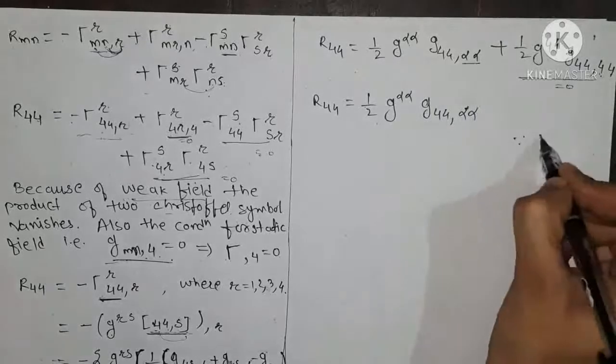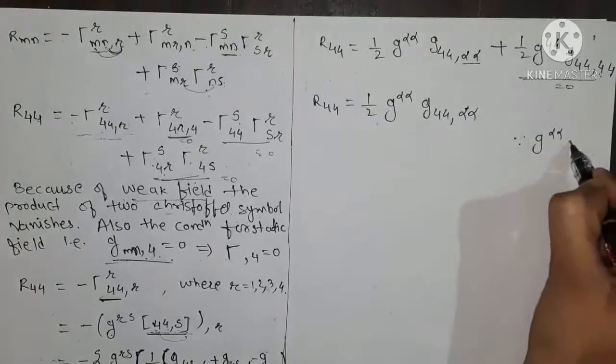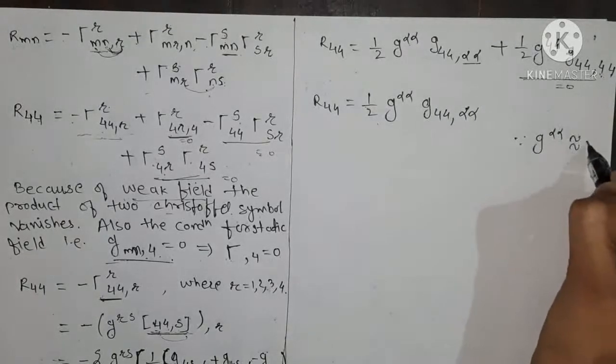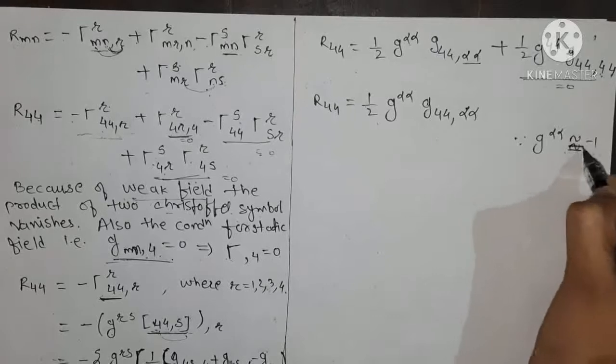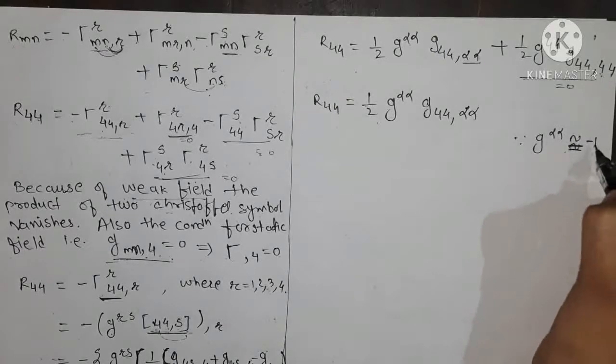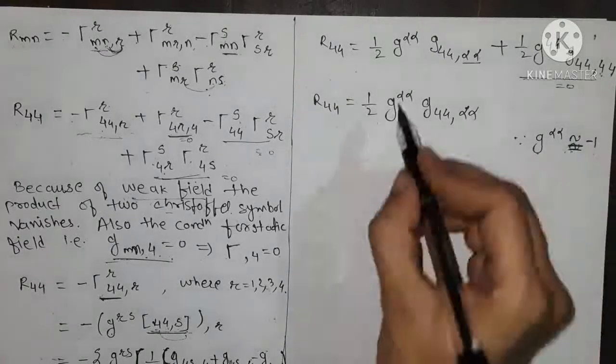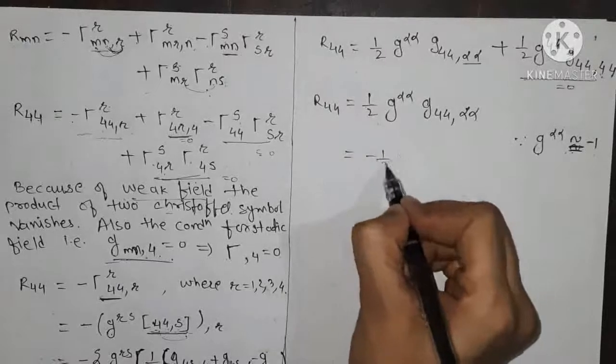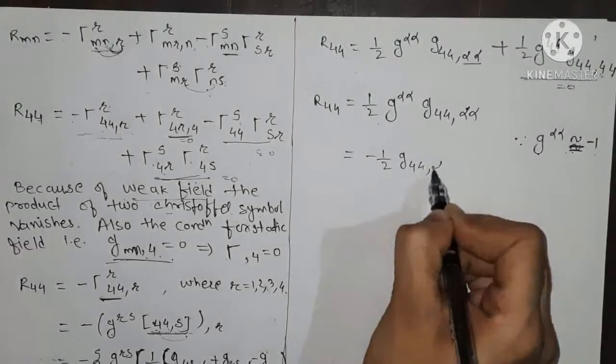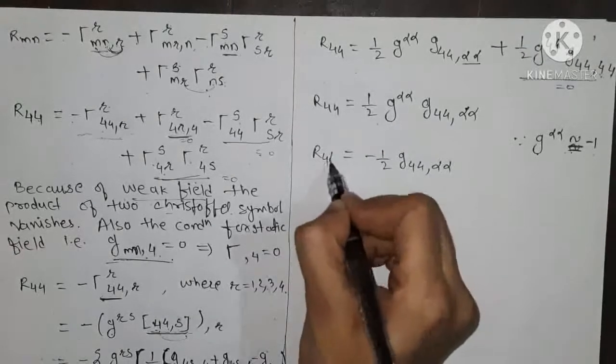And since g^{alpha alpha} is approximately equal to -1 because of the weak static field, this takes the form -1/2 g_{44,alpha alpha}. So R_44 equals this.